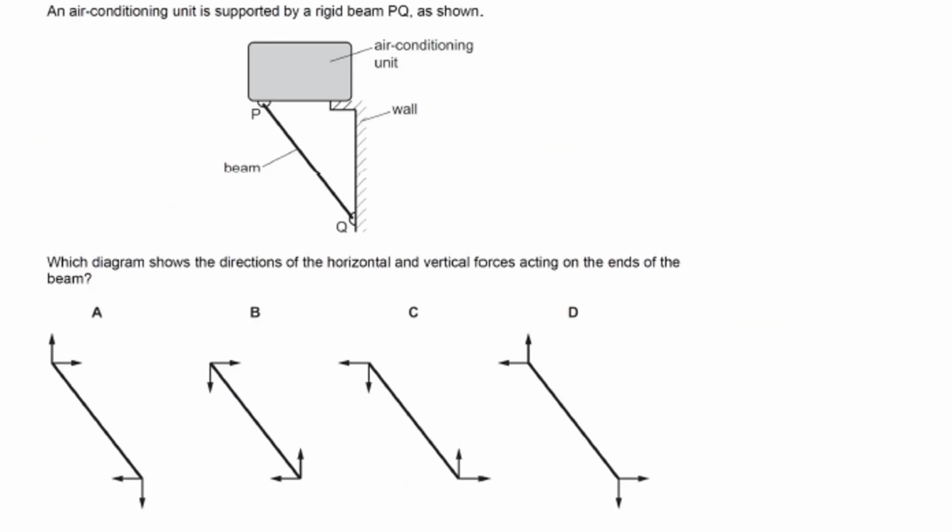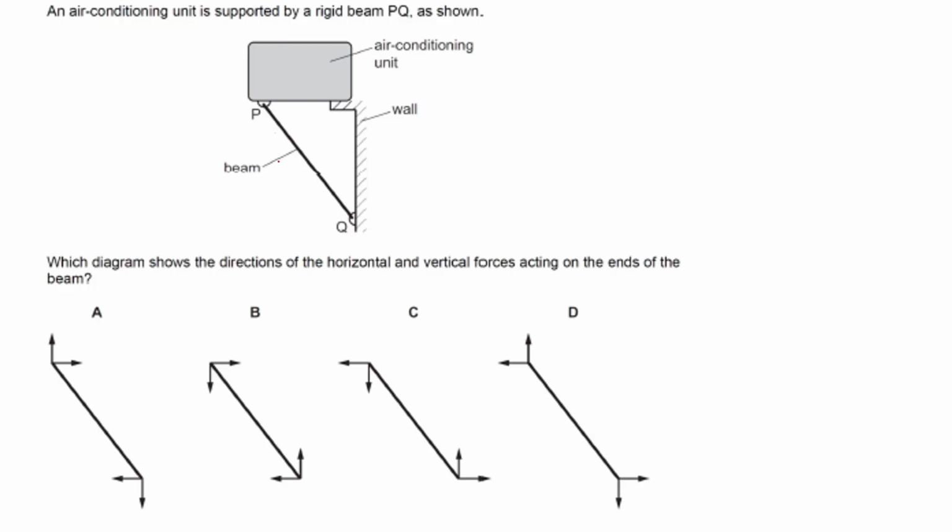An air conditioning unit is supported by a rigid beam PQ as shown. Which diagram shows the directions of the horizontal and vertical forces acting on the ends of the beam? Okay, so we have to consider both the wall and the air conditioning unit.